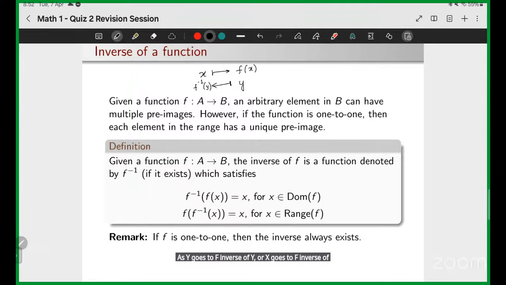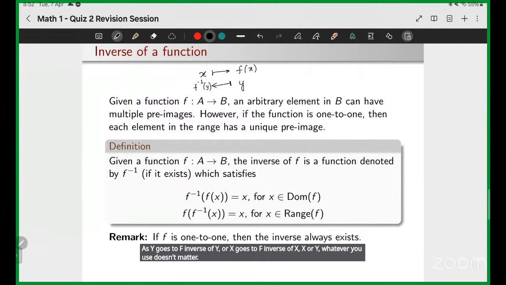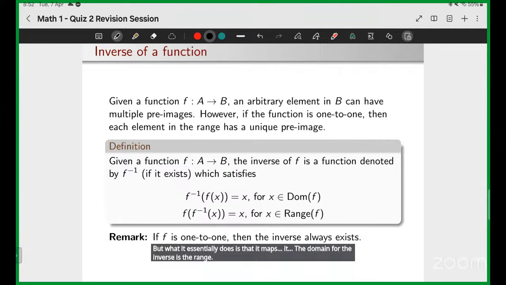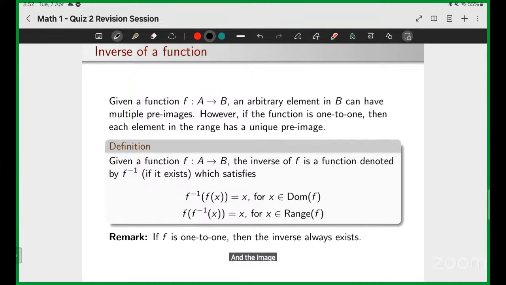The x or y, whatever you use, doesn't matter. But what it essentially does is that the domain for the inverse is the range, and the image of any element of the range is its pre-image with respect to the function.